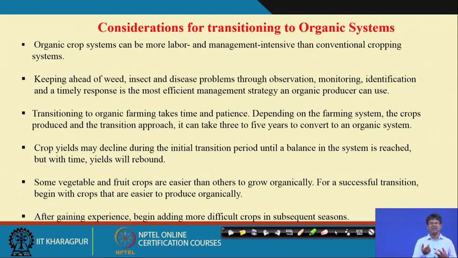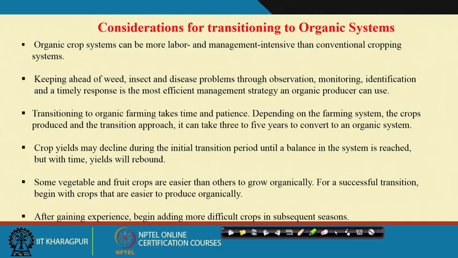But the stabilized carbon pool takes a longer period to build, around 10 years or more than 10 years, and the soil physical properties are influenced by the stabilized carbon pool, and that makes a holistic soil improvement in physical properties and chemical properties.